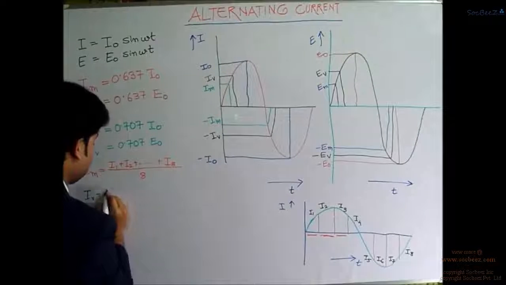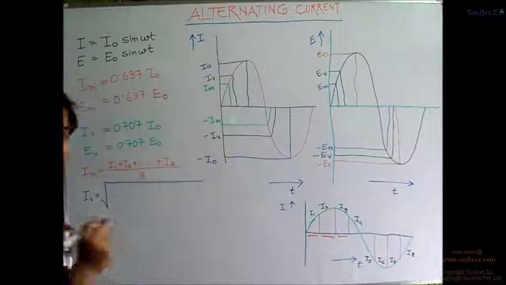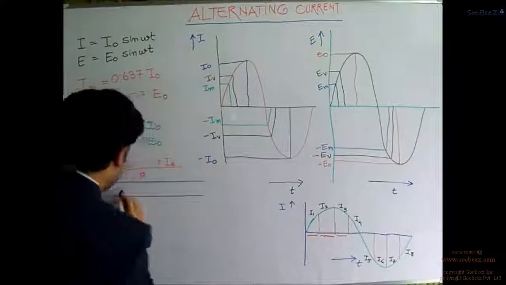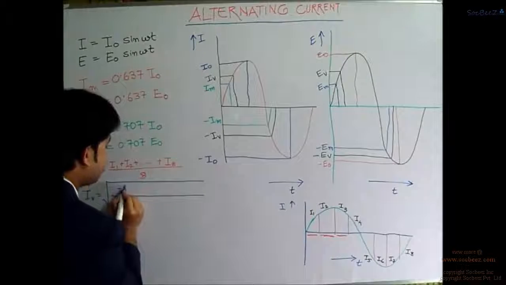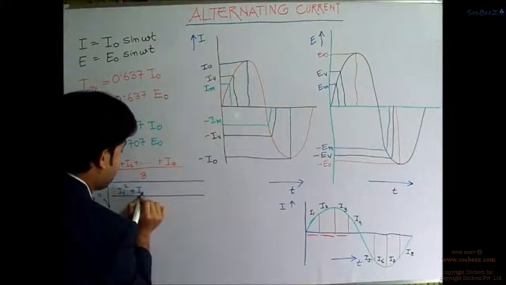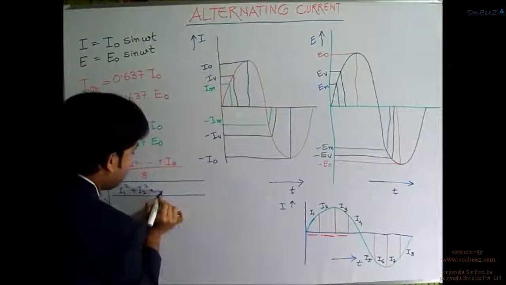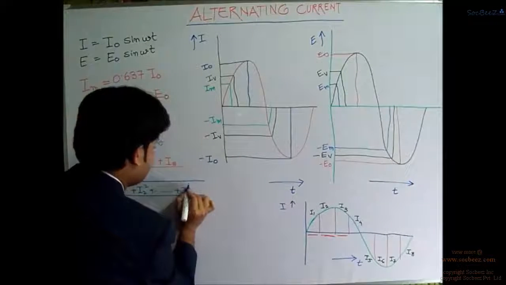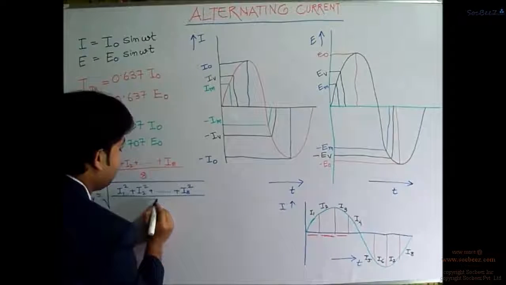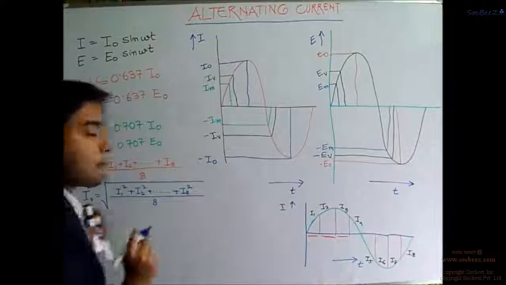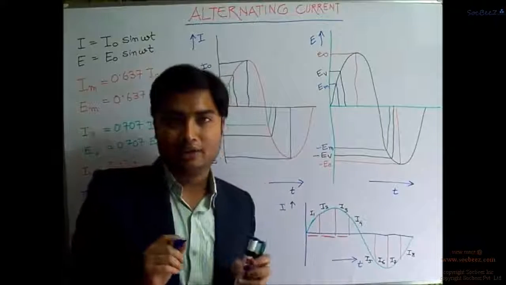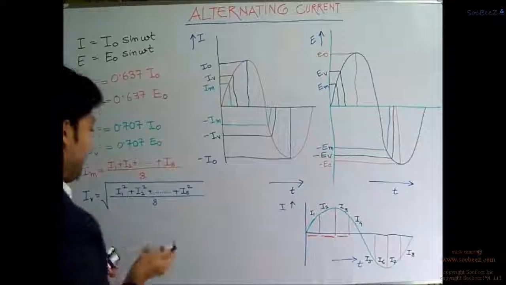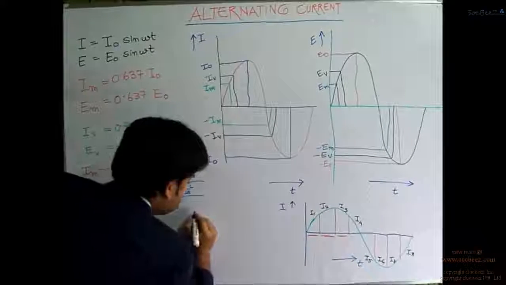This is represented as the whole root of I1 square plus I2 square plus, like this, I3, I4 up till I8 square, and this will be divided simply by 8, right?